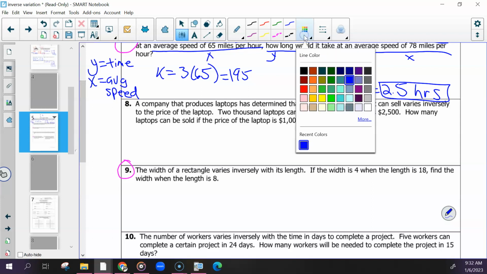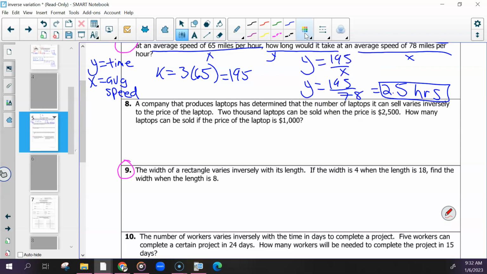So, a company that produces laptops has determined that the number of laptops it can sell varies inversely to the price of the laptop.